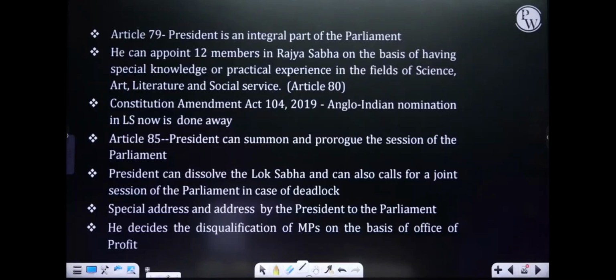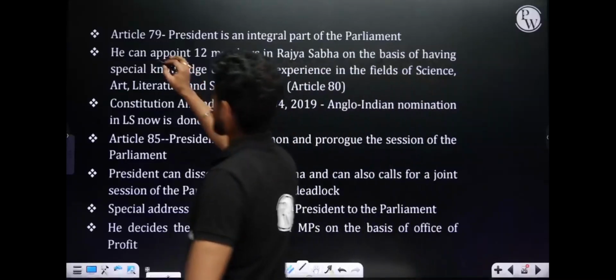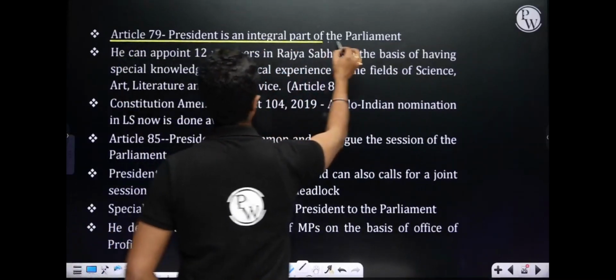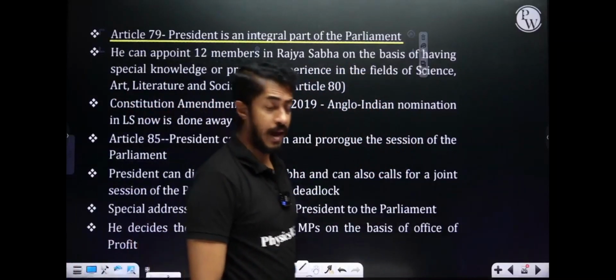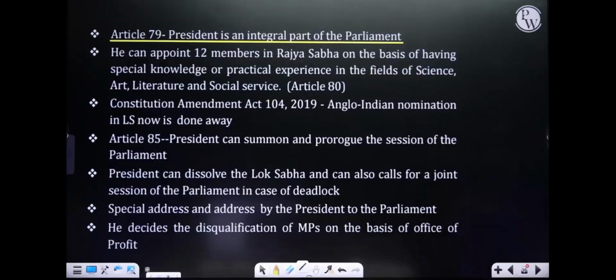Article 79, the President is an integral part of the Parliament. Very, very important, because until and unless he gives his signature, a bill will not become an act. He can appoint 12 members in Rajya Sabha on the basis of having special knowledge or practical experience in the fields of science, art, literature, and social service under Article 80.